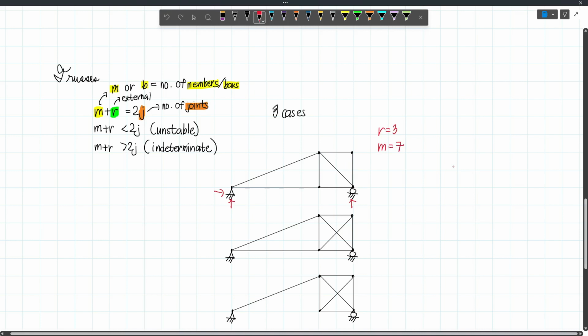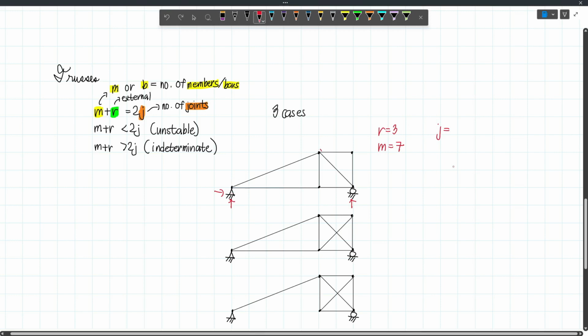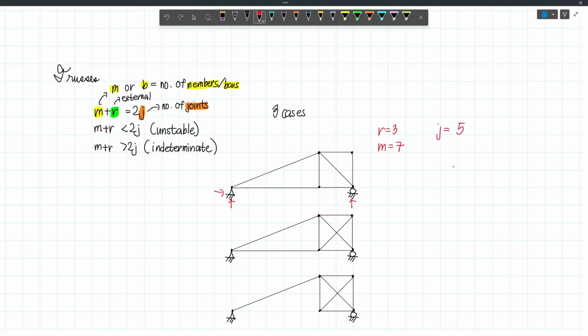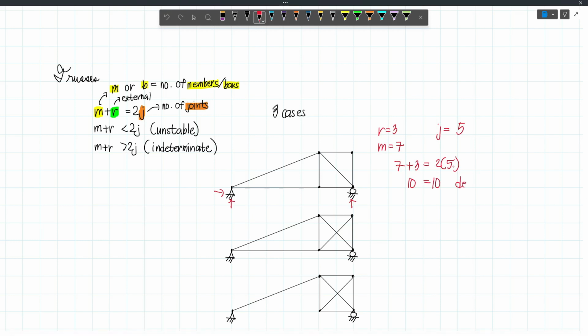So our M becomes 7. And then our J will become the number of joints, which are the nodes. So we have 1, 2, 3, 4, and then 5. So J equals 5. So equating, 7 plus 3 is equal to 2 times J, which is 5. And so, 10 is equal to 10, which means our truss structure is determinate.